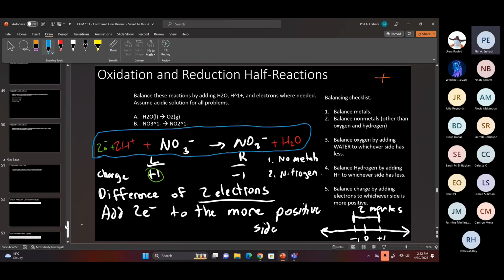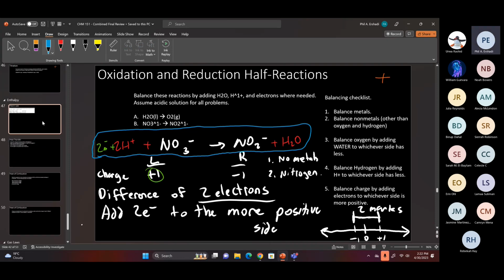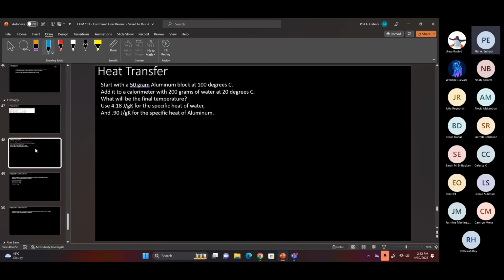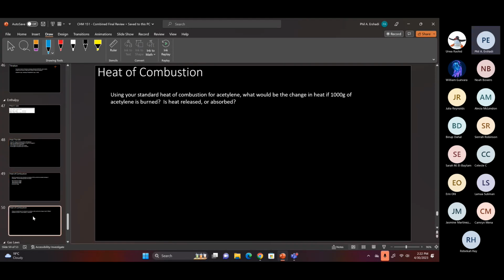All right. So let's go ahead and move on to enthalpy. We're down to less than 30 minutes, so I may not be able to do all the enthalpy problems. I've got a question on Hess's law, a question on heat transfer, heat of combustion, and then more heat of combustion.